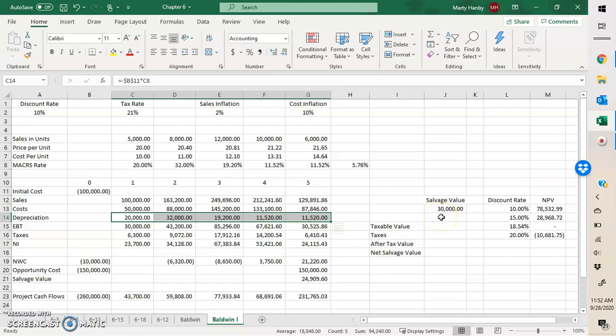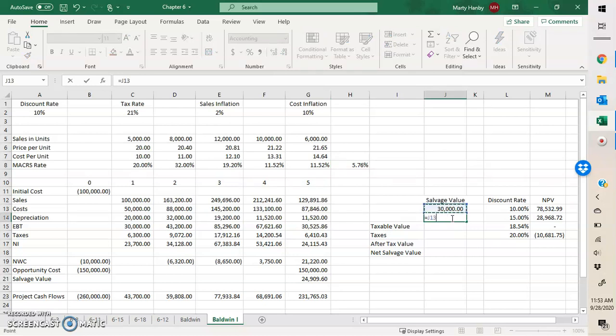Salvage value here is a little more complicated than in most cases, because I haven't shown here the actual amount, but I'm going to show you how to calculate it. This 5.76%, that's a residual value. So it hasn't been depreciated, so you're not going to have to pay taxes on the sale of that. So we take the $100,000.